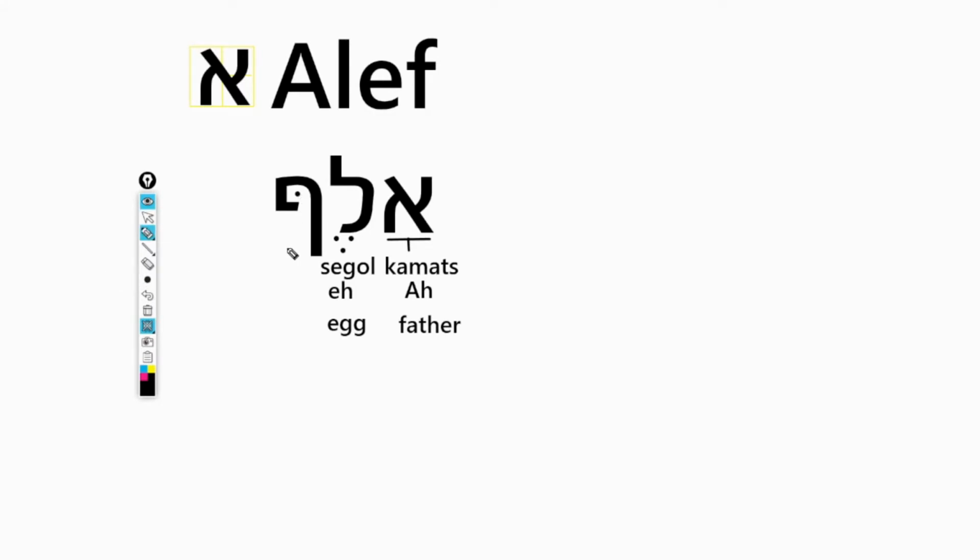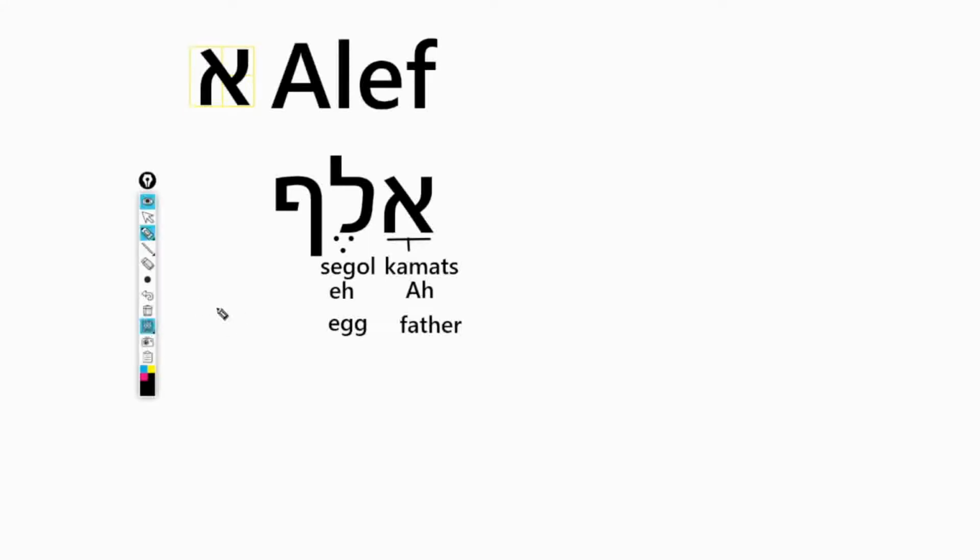If it has a dagesh in it, it is the plosive sound. So that word would be Aleph, Aleph. But without the plosive sound, without the dagesh in the center, it is the fricative sound, Aleph, F.